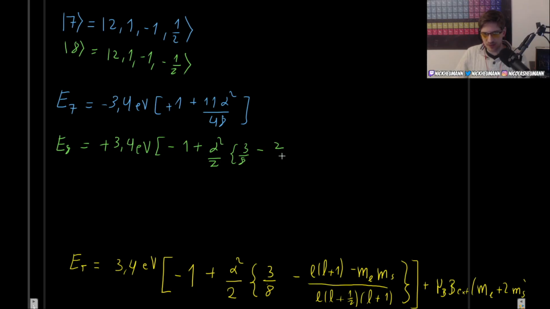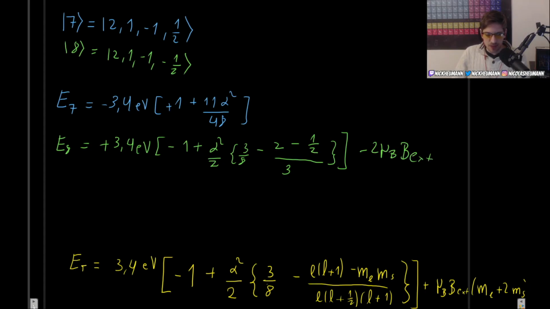So once again, at 2, this time we have minus, and ML is minus 1, but MS is also minus 1/2. So we get 3 negative signs, so we end up with a minus sign anyway. So we get minus 1/2. And then we have 3 down here. And the Zeeman contribution is going to be, let's see, ML is minus 1, then we have minus 1 again. So we get minus 2.